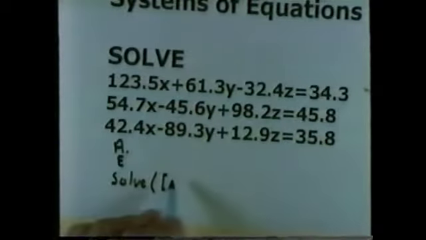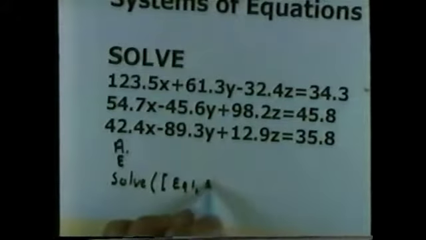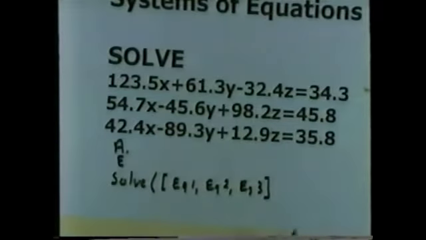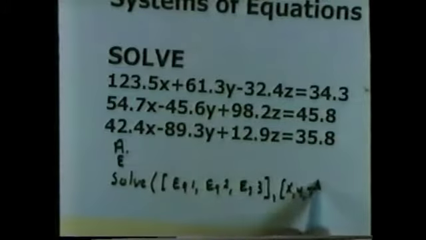So I'm just going to put equation 1, comma, equation 2, comma, equation 3 in brackets. Then you put comma, you put brackets, and you put your variables, x, y, and z, and close the parentheses.